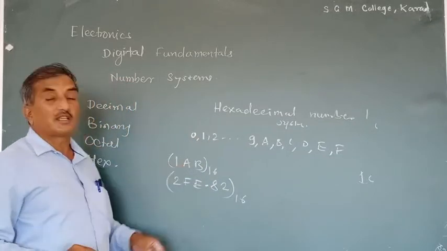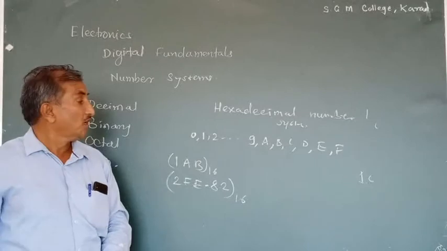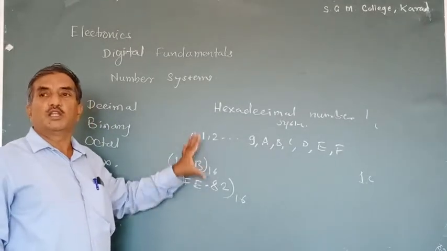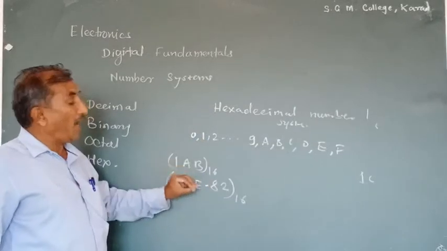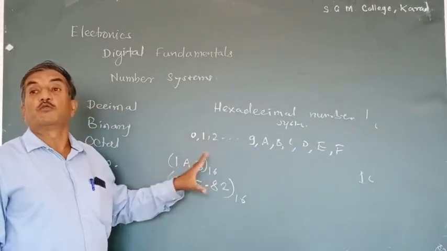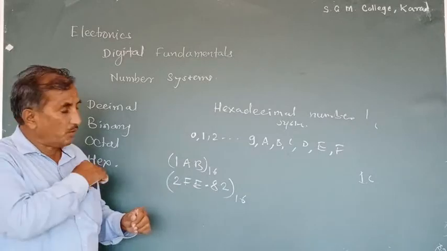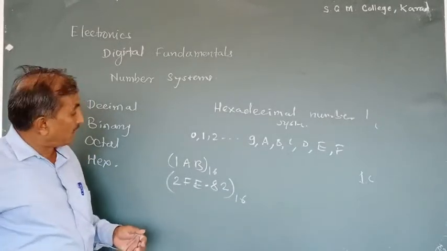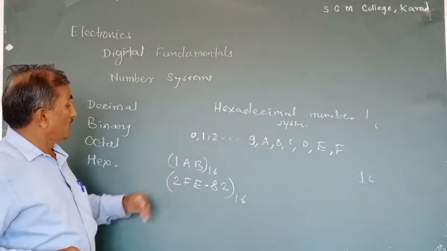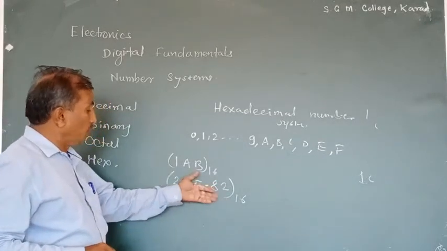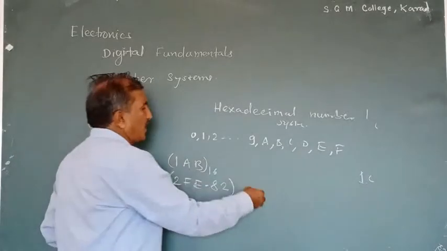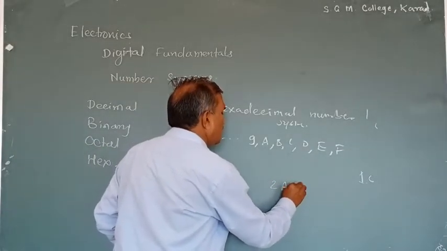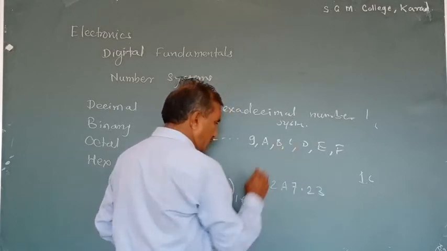These are examples of hexadecimal numbers, and note that every symbol in the hexadecimal number system has a positional weight. This is again important. What is the positional weight in the hexadecimal number system? Take another example, 2A7.23. This is hexadecimal.